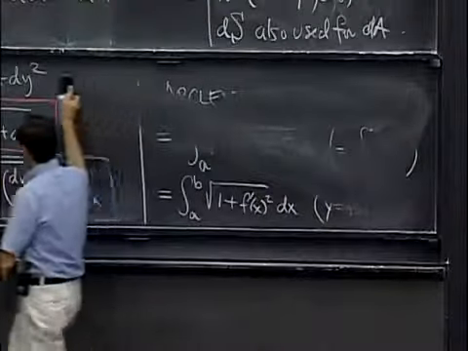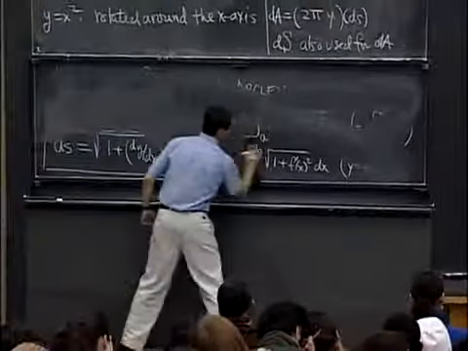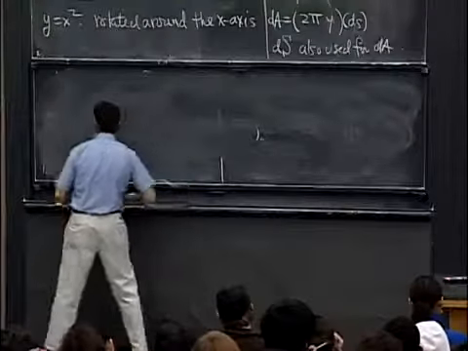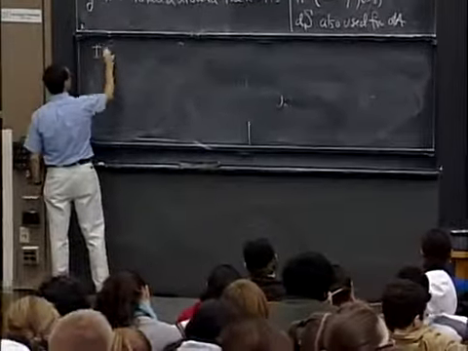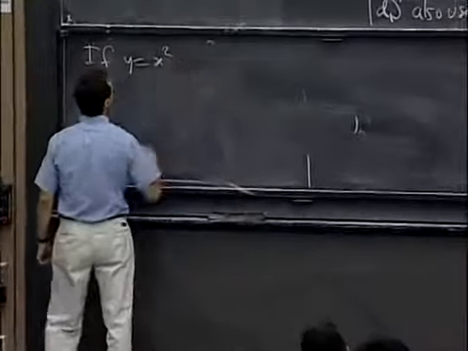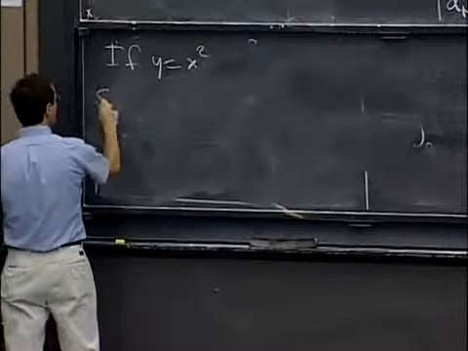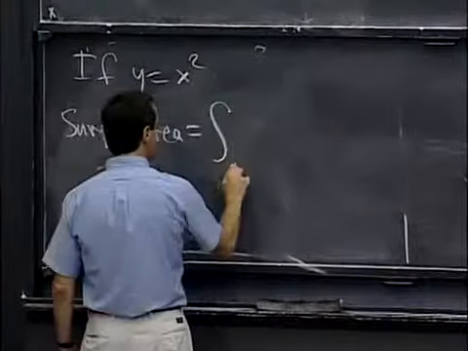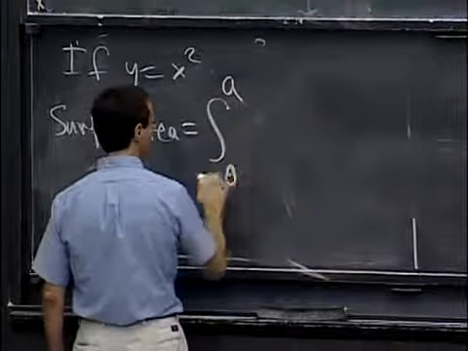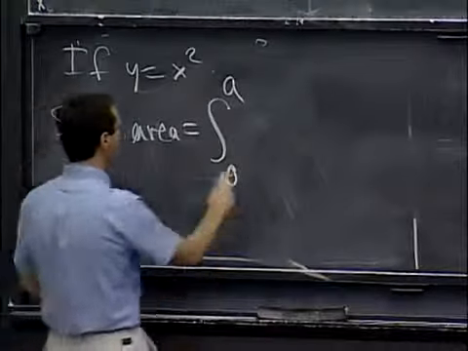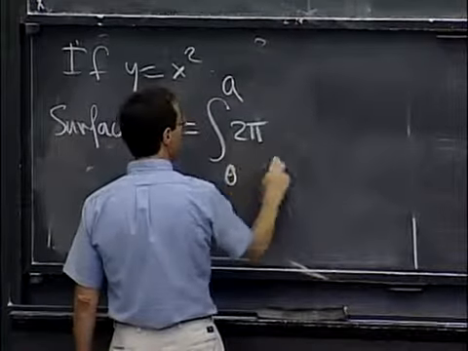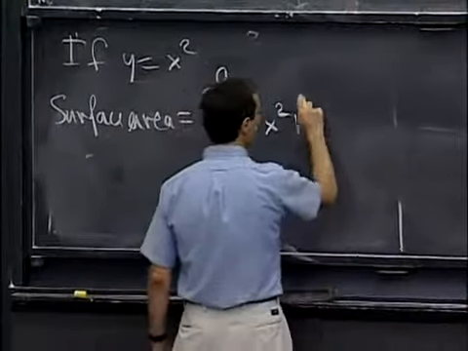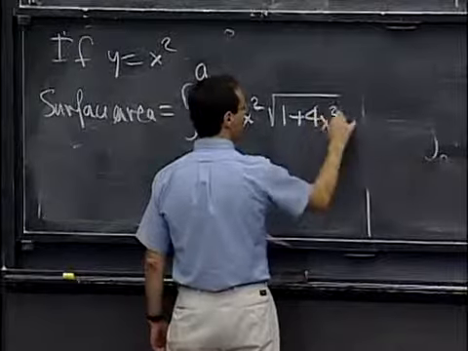All right, so let's figure out this example. So in the example where y is equal to x squared, the situation is we have the surface area is equal to the integral from, I don't know, 0 to a, if those are the limits that we wanted to choose, of 2 pi x squared, right, because y is x squared, times the square root of 1 plus 4x squared dx.